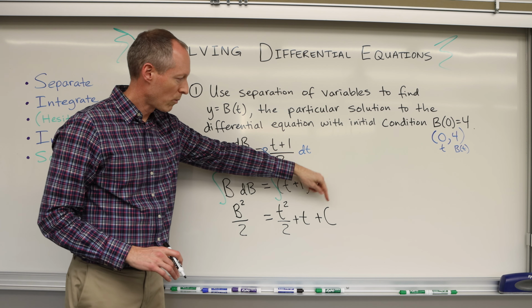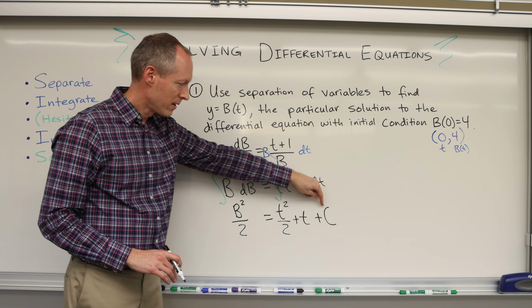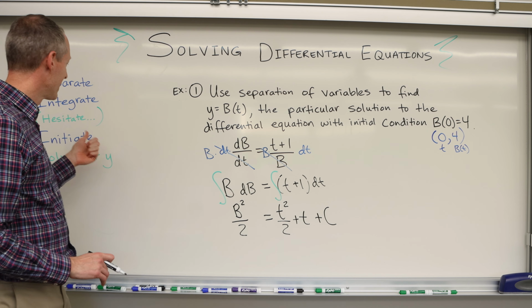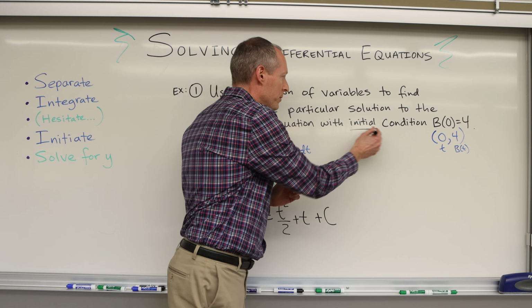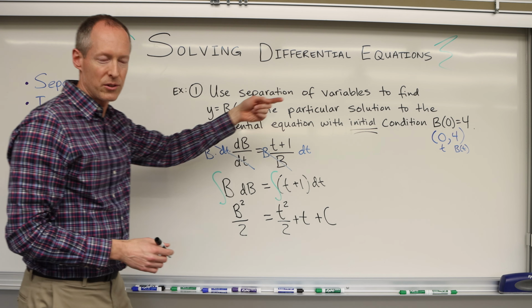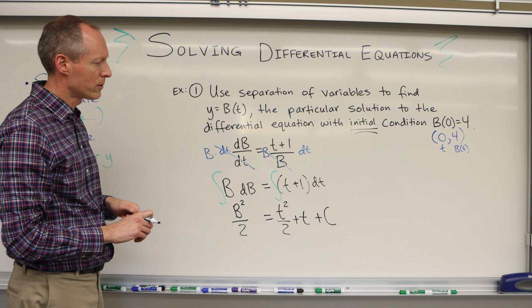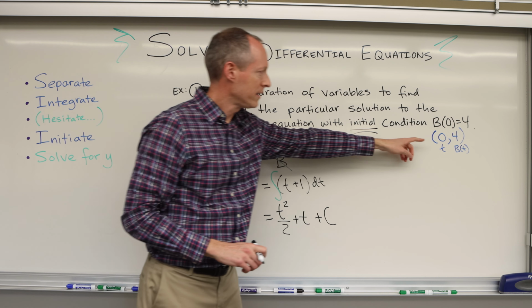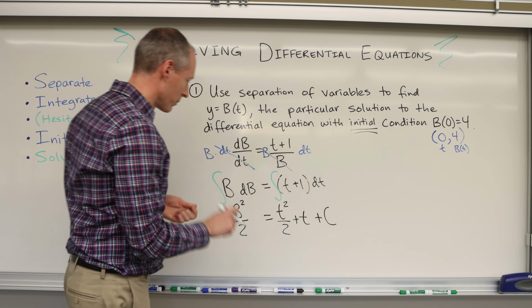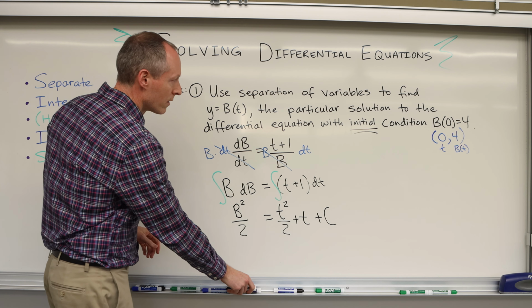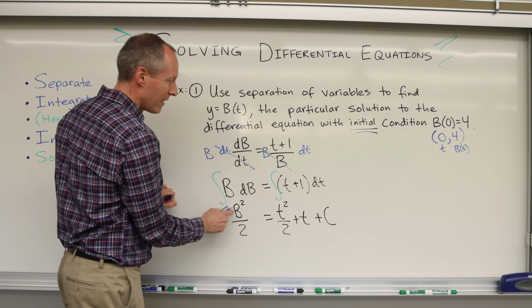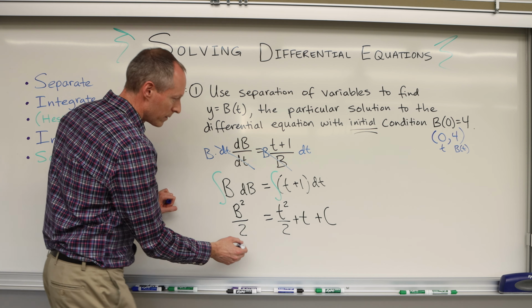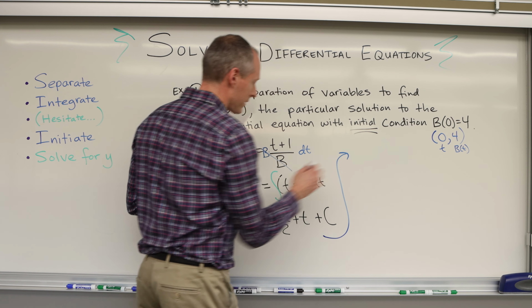Some students want to solve for the c right away, but we actually want to initiate first. Initiate is just the rhyme that helps you remember we need to use the initial condition. So what's our initial condition? (0, 4). So the t is 0 and the B of t is 4. So we're going to plug in 0 for t, which would be right here and here, and the 4 for the B. So actually I'm going to come up here to save space.